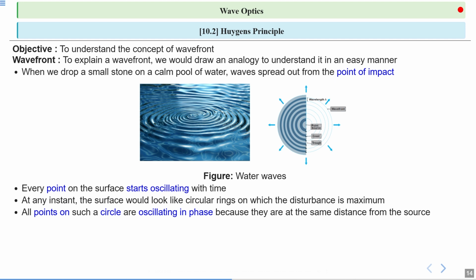So one ripple, one circular path, is being taken. On that circular path, all the particles will be oscillating in the same phase. That in-phase movement is the defining characteristic of a wavefront. We will define the wavefront with the help of phase difference.